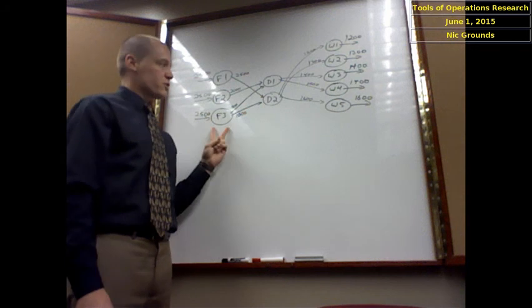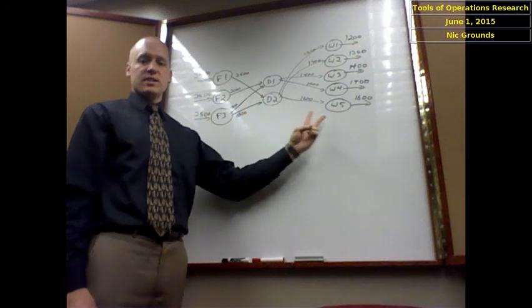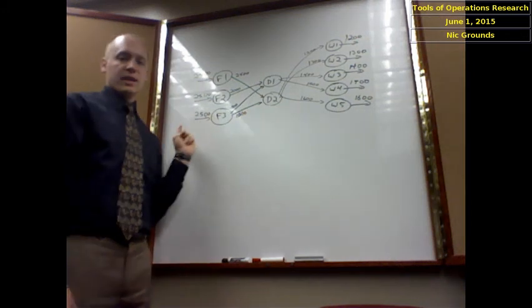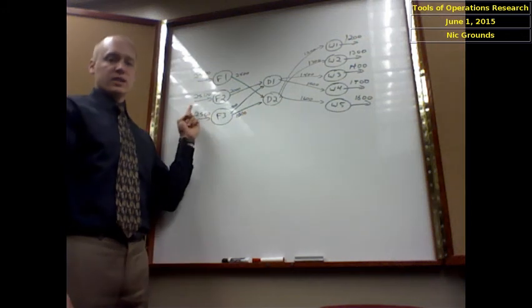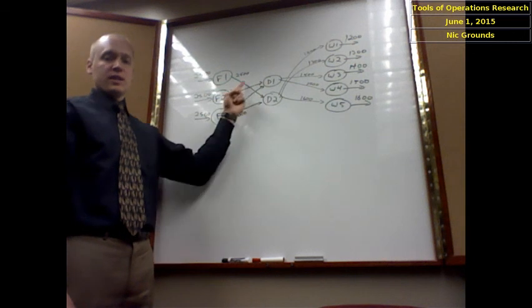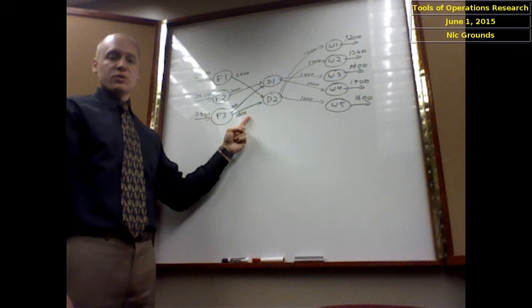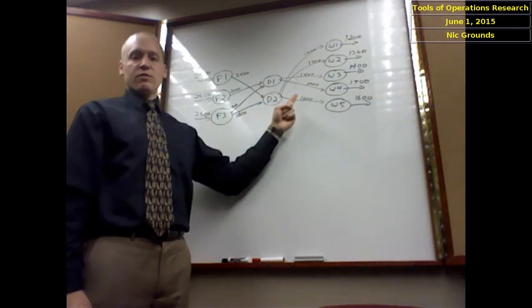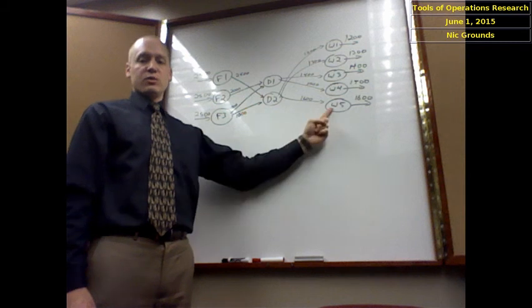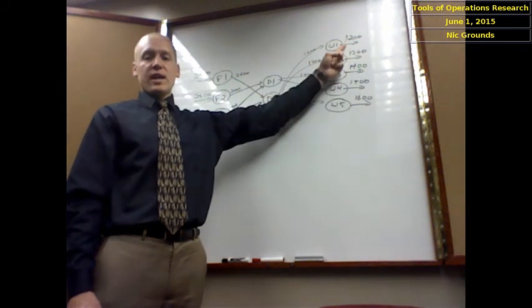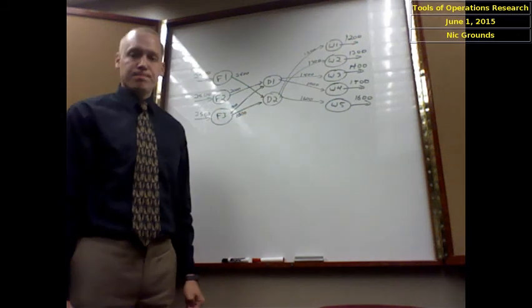So a set of sources, a set of intermediate destinations, and a set of final destinations. And then a label for each link representing the capacities of the sources, the amount shipped from each source to each intermediate destination, and the amount shipped from each intermediate destination to a final destination, and the requirement needed at each final destination.